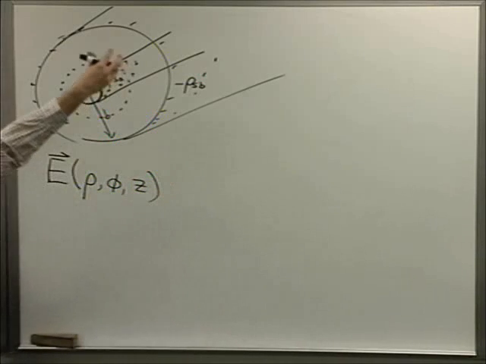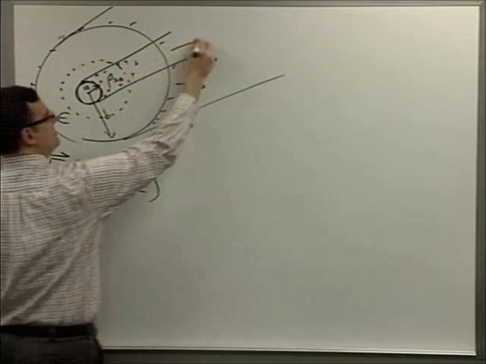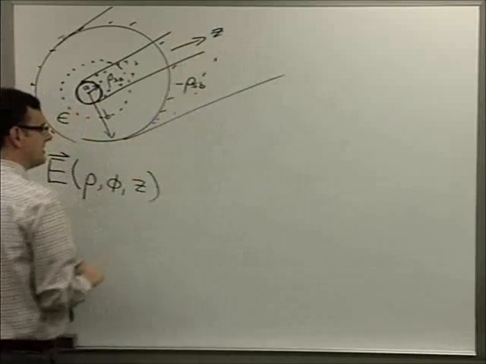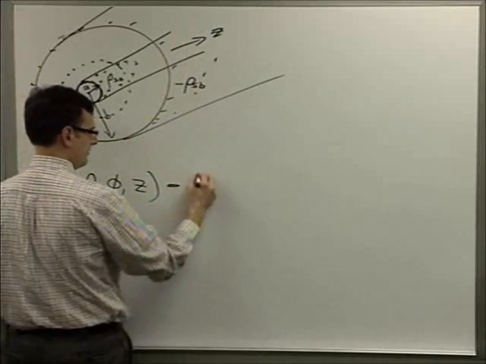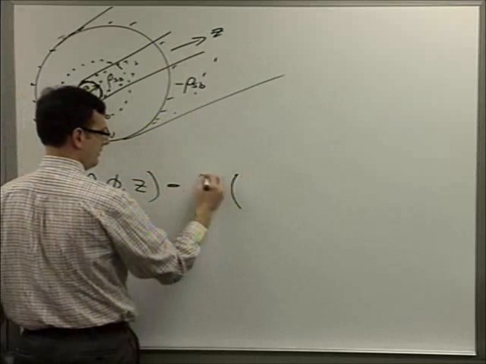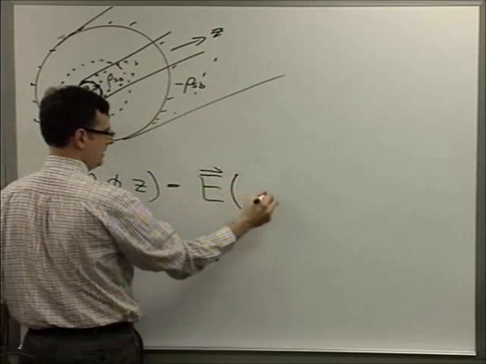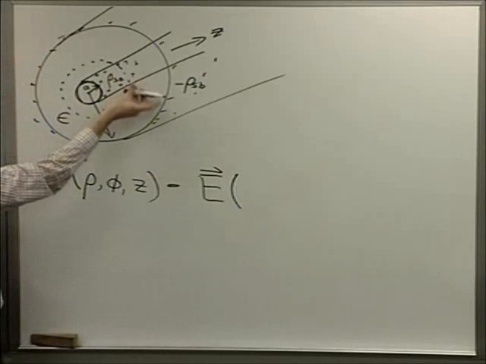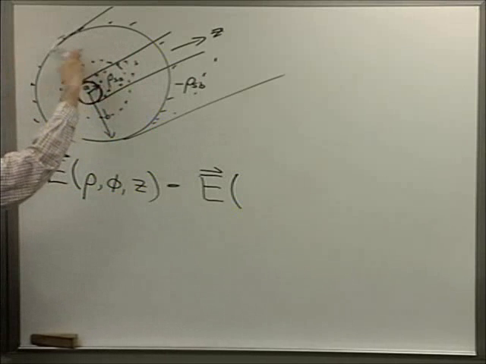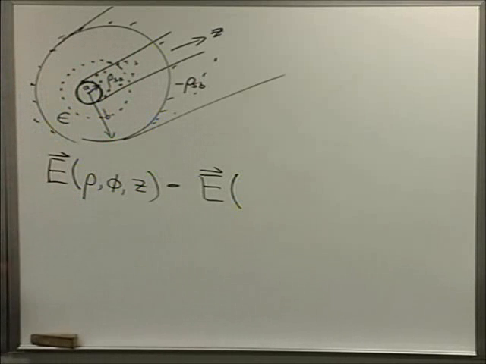This is a semi-infinite coaxial line. Z is in this direction. I'm going to say this is z independent, so I'm not going to write a z. In fact, this also has radial symmetry. Remember, phi is measured about the z-axis in this direction. The phi direction is not going to matter either.